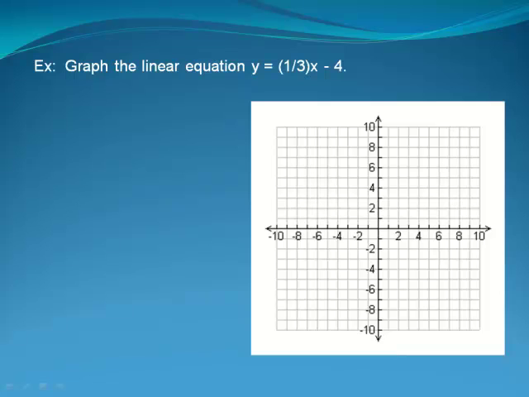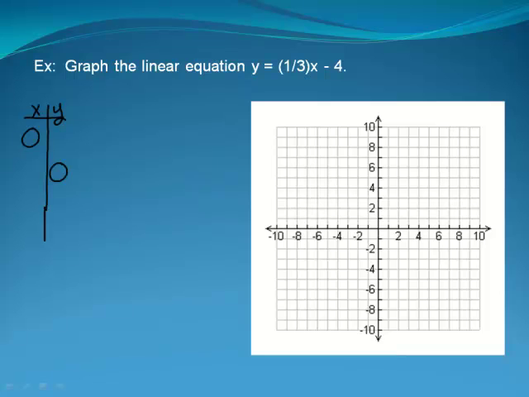All right. Graph the linear equation y equals 1/3 x minus 4. Need a listing of values. I'm going to let x be 0, and on this one I can let y be 0 here.